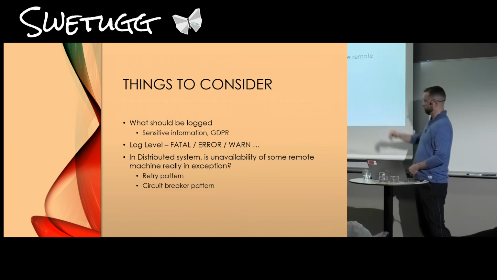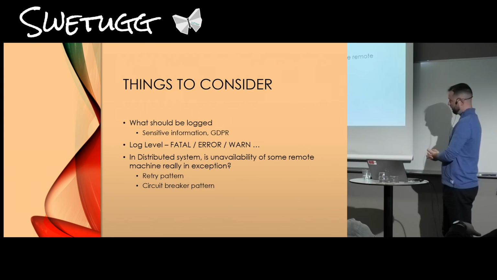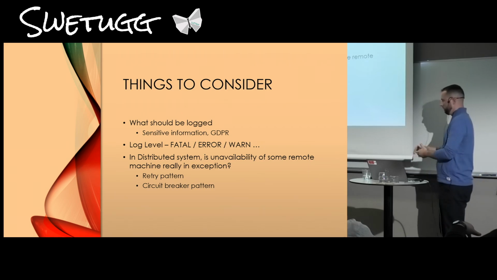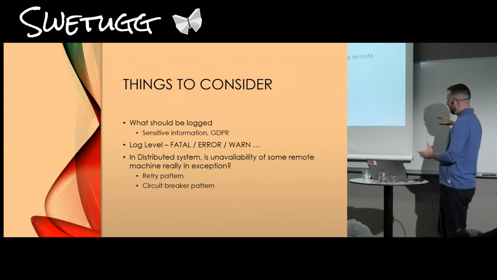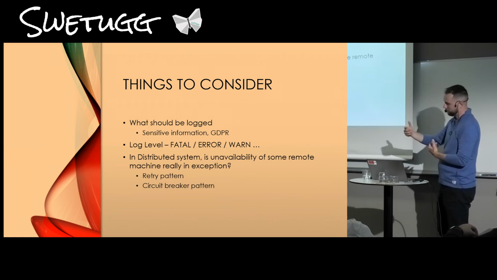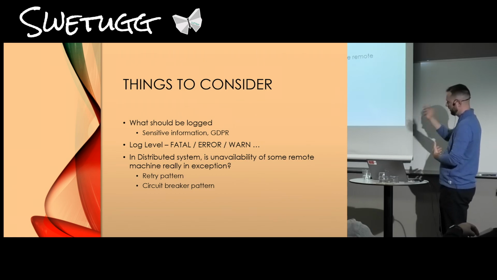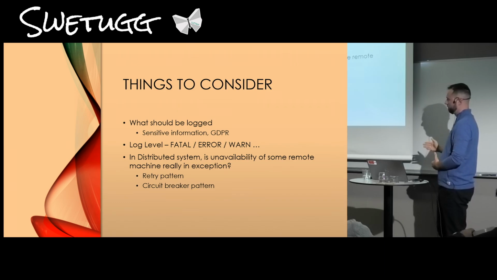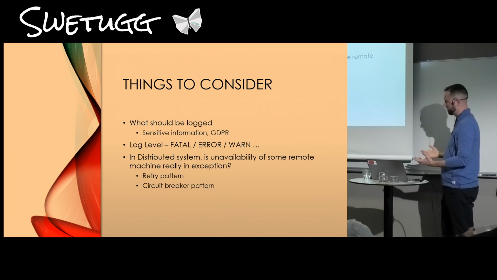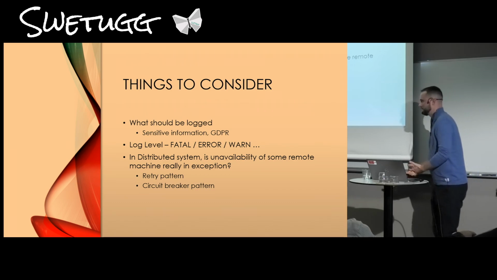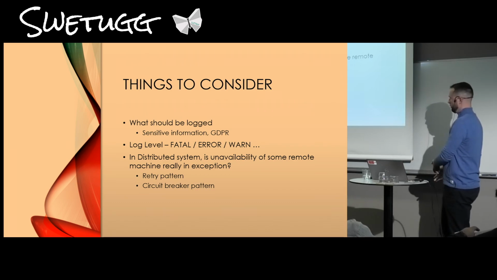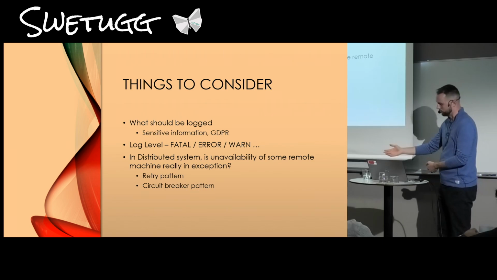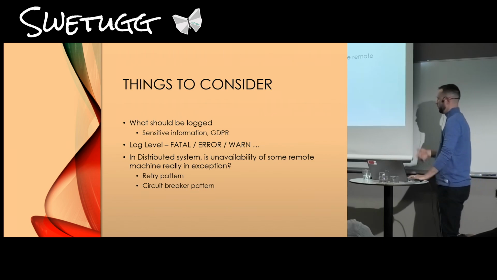Then another good pattern is the circuit breaker pattern, and it means that when you have some, let's say, remote machine, and you know that it's not available at the moment, you sort of break the circuit. So your classes that are trying to call it would first ask some manager class or something whether it's available or not, and if not, they will not even try to call it, because if, for example, you have some database in Azure and your network is down, you will most probably not be able to save the data to the database because you are not able to reach it.